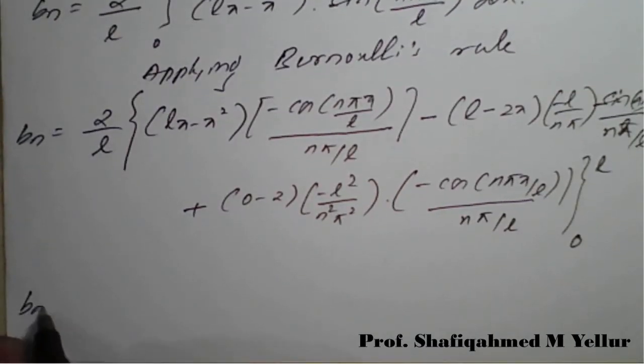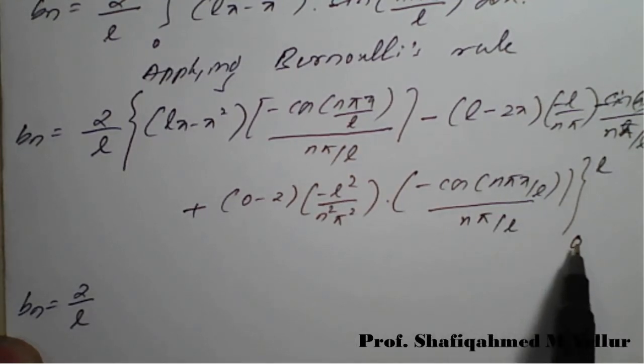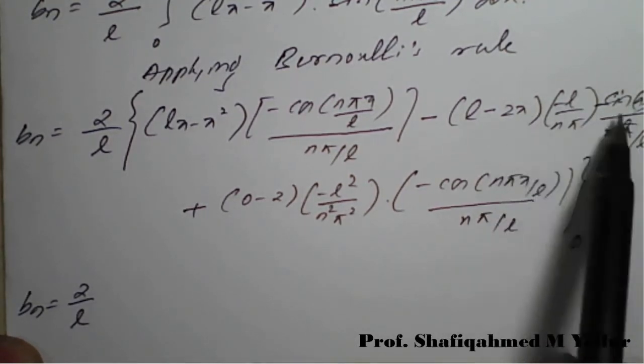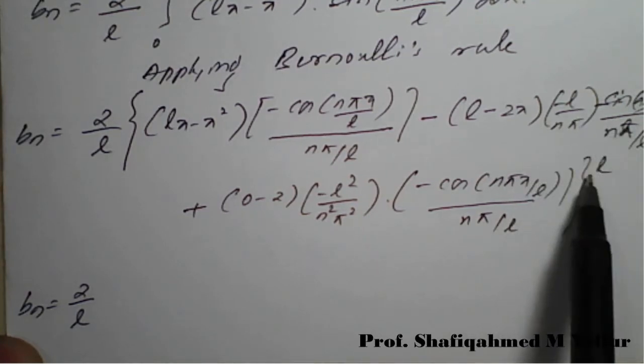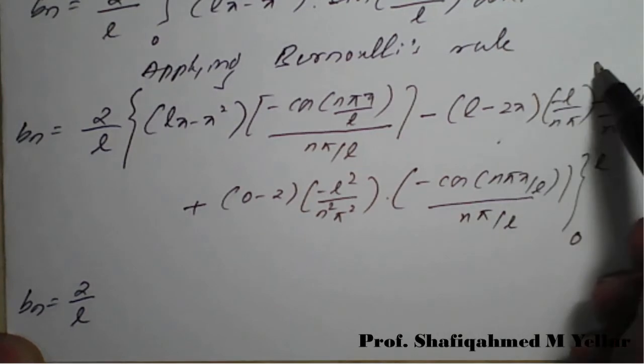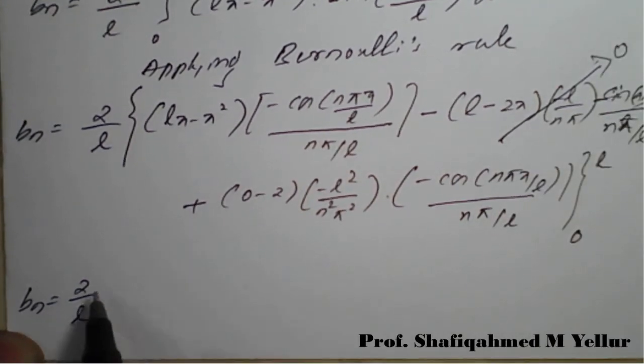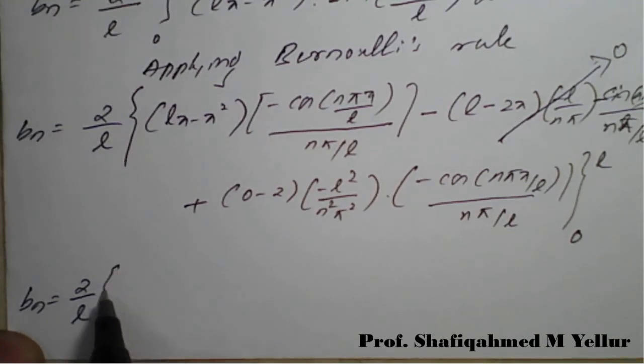Next Bn we'll see here, so 2 upon L. So here if you apply in this middle term, that is for sine, if you apply x by L, it will become sine L pi and 0. So both for upper and lower limit it will vanish, it will become 0. So the remaining part I will collect here.